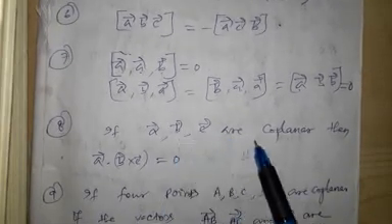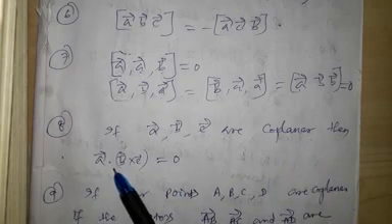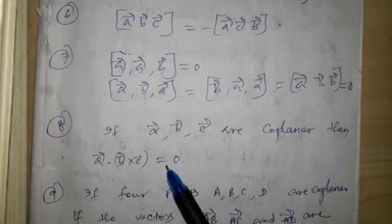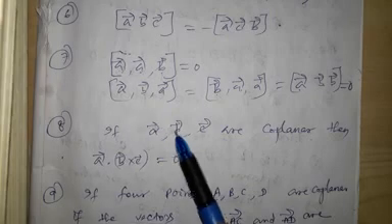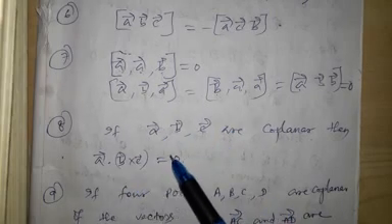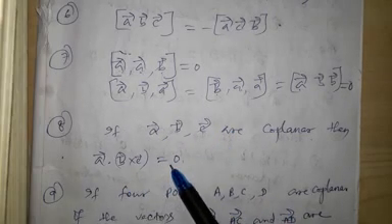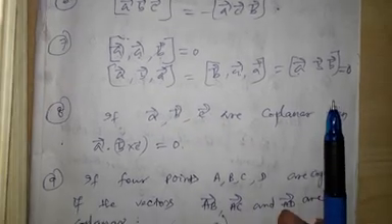If A, B, C are coplanar, then A dot B cross C equals 0, that is the scalar triple product equals 0. Since they are coplanar, this scalar triple product will be 0, and if the scalar triple product is 0, then A, B, C are coplanar.